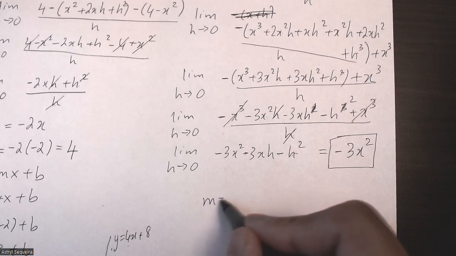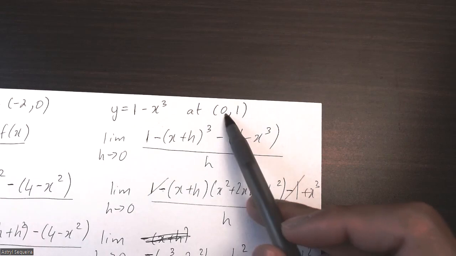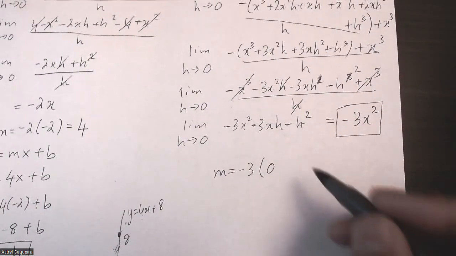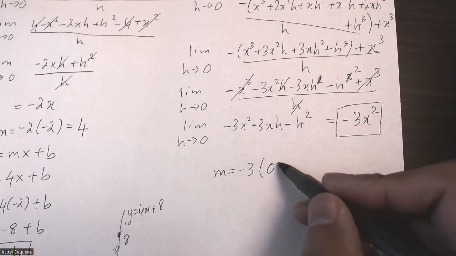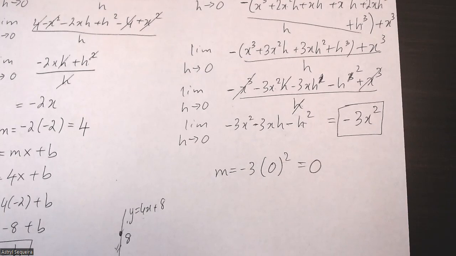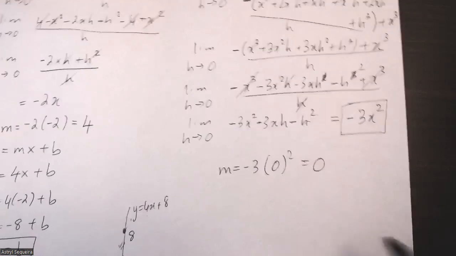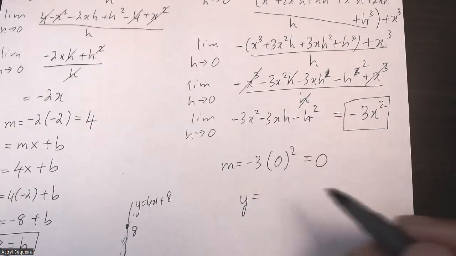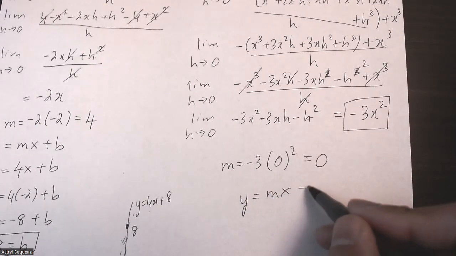Now I can find the slope by subbing in the x value of the original point, which is 0 in this case. Now sub in 0 into this. The negative 3 times 0 squared is just a 0. So this equation doesn't even have a slope. It's just going to be a horizontal line. Okay, so y equals mx plus b.